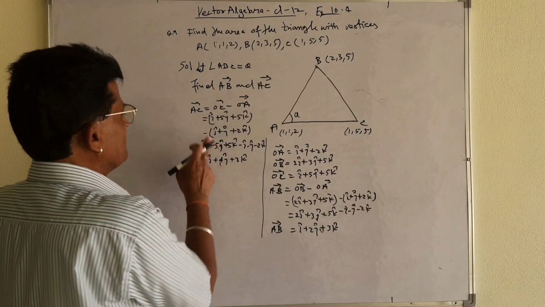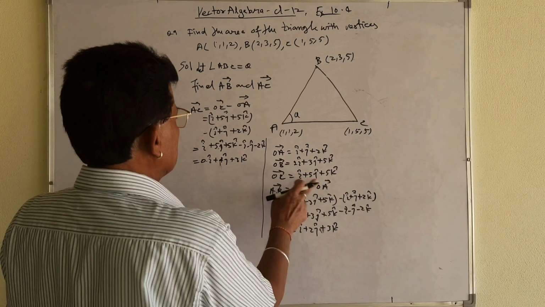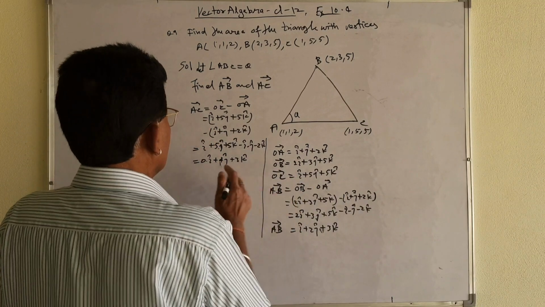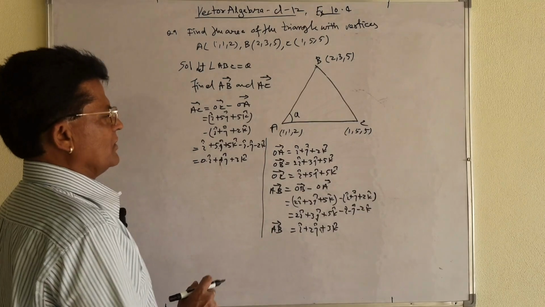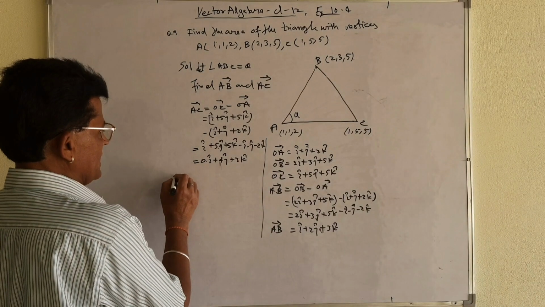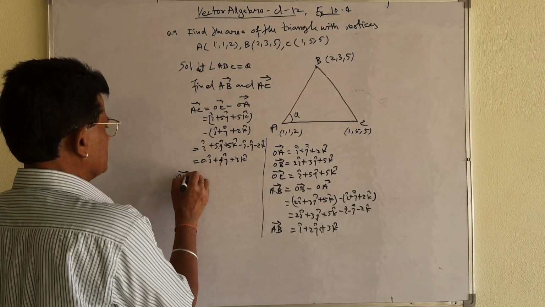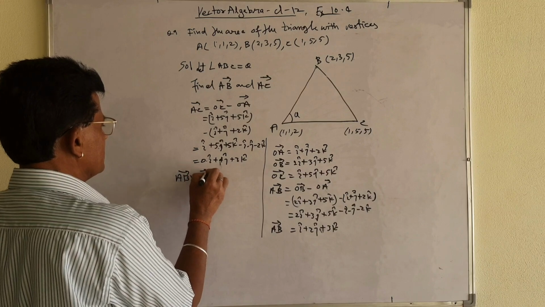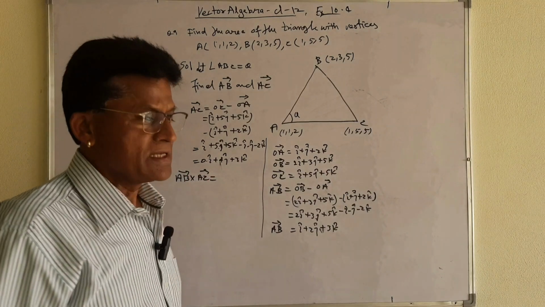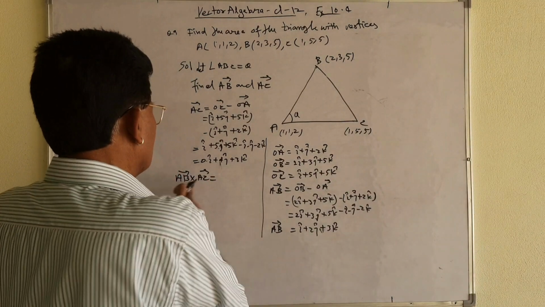You must keep this in mind, because I have already mentioned each and everything. Now I will find the AB vector cross product with the AC vector, because only then can you find the area of that triangle. This will be required.